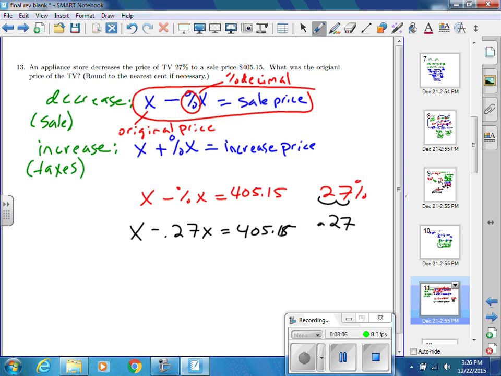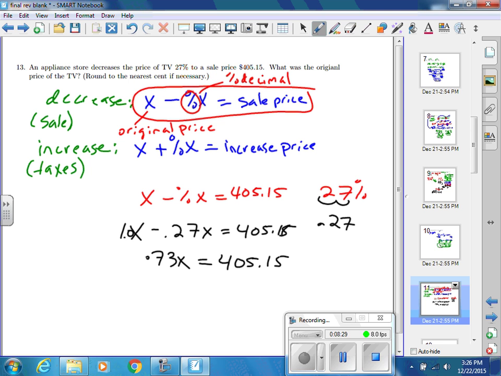This is like 1x minus 0.27x, so 1.0 minus 0.27 gives us 0.73x. You can combine them together. You're supposed to. Equals 405.15.